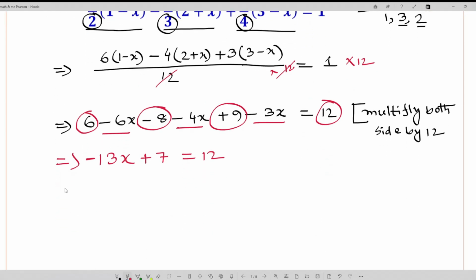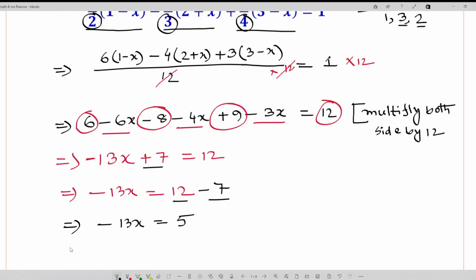Now here is minus 13x plus 7 equals 12, and this plus 7 becomes minus 7. So minus 13x equals 12 minus 7, which is 5.